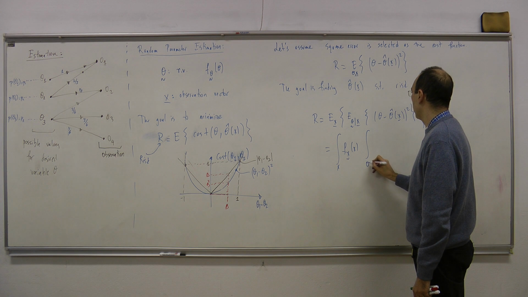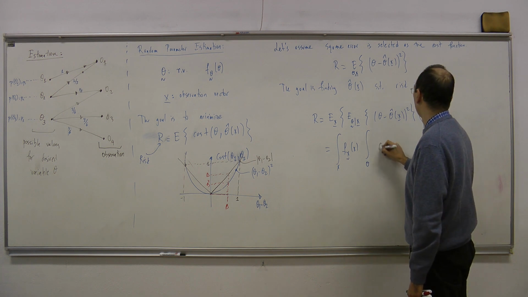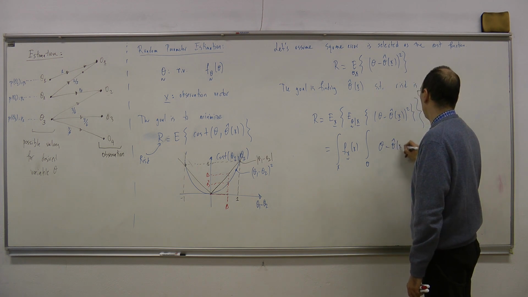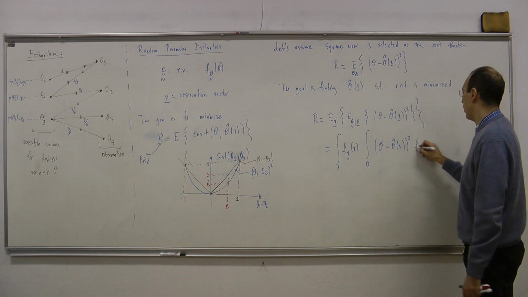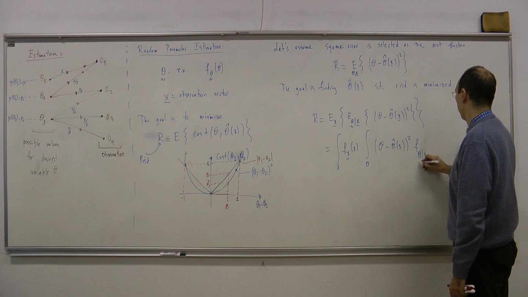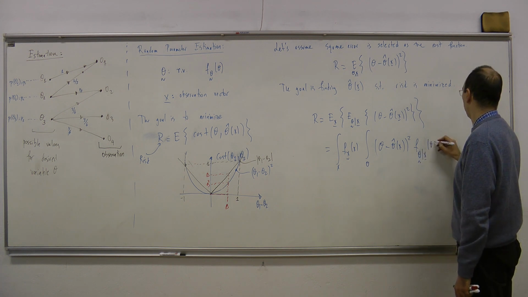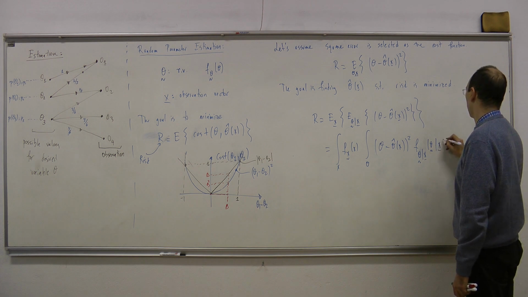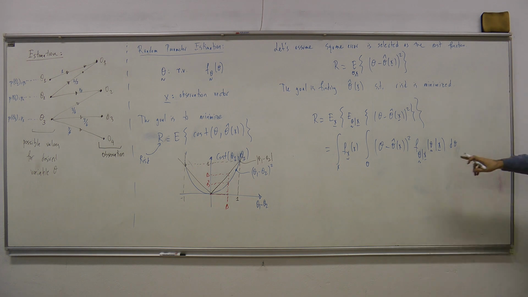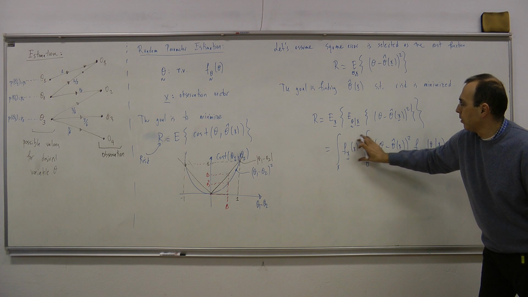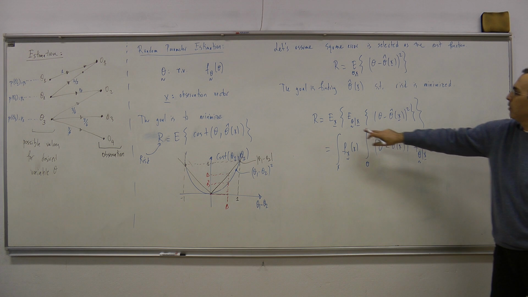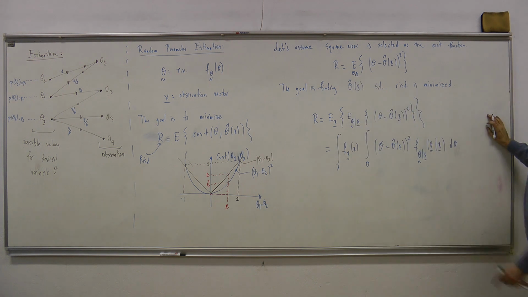This is the density for theta: theta minus theta hat of x, squared, f of theta given x, d theta. As I have said, if you move this marginal density of x inside of the second integral, then you have the joint density of x and theta over here.